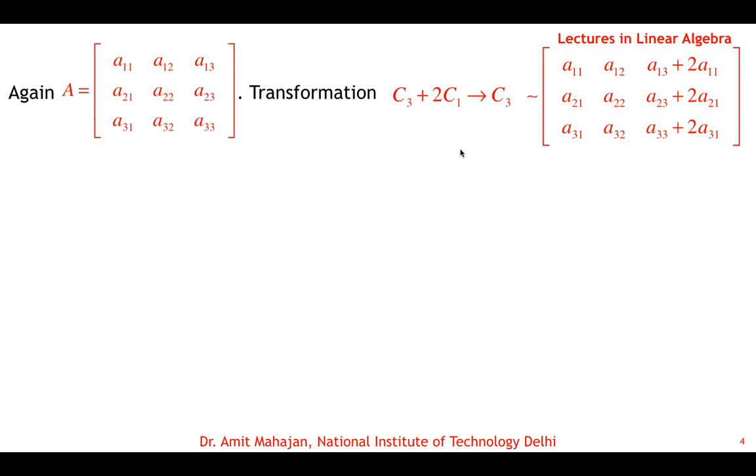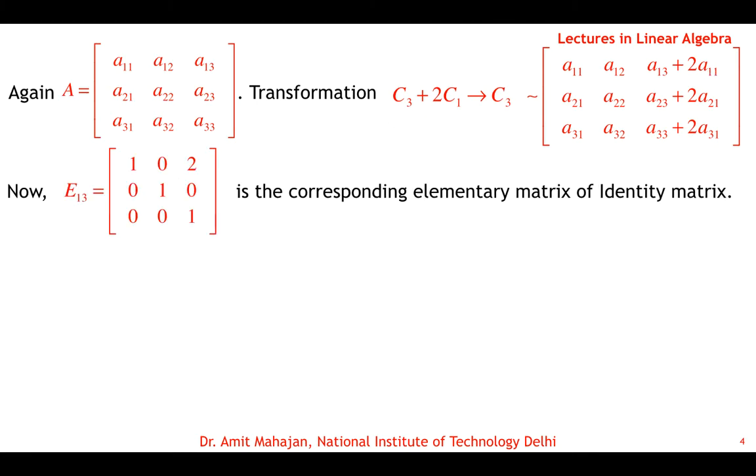Now this result says that if we apply this same transformation on the 3 by 3 identity matrix to find an elementary matrix, then this result can be obtained as a post multiplication. So if I use this transformation and calculate the corresponding elementary matrix, clearly if I use the 3 by 3 identity matrix and use column 3 plus 2 times C1, this element will become 2, because this was 0 plus 2 times 1. So this becomes 2 and the other elements remain the same.